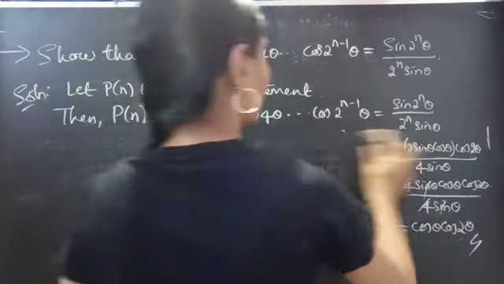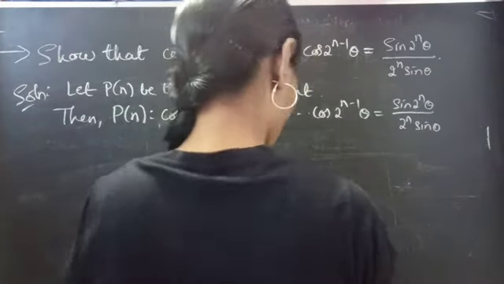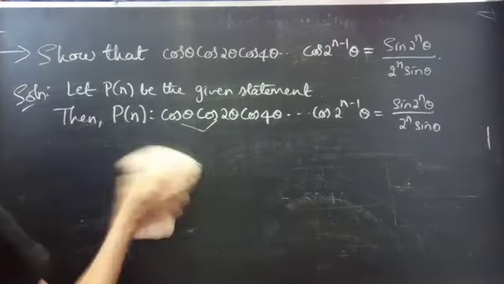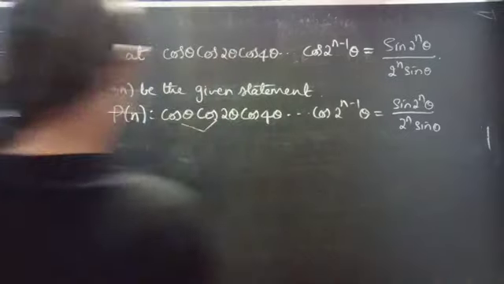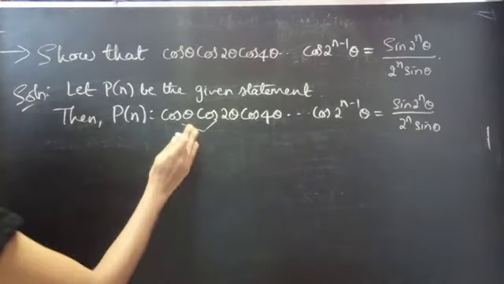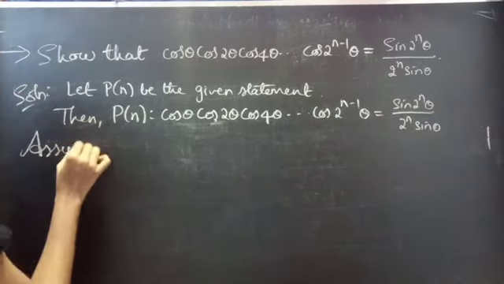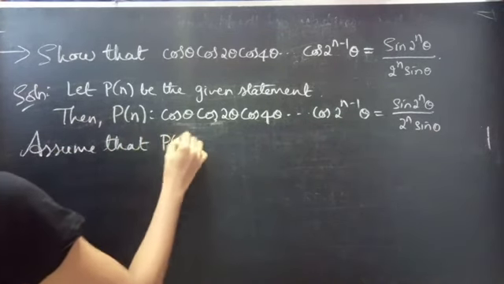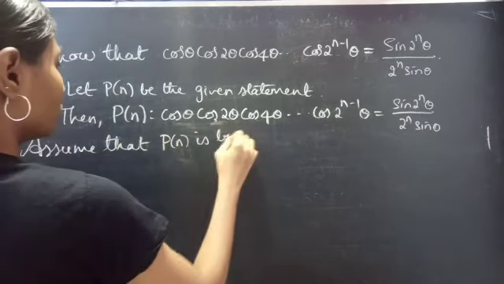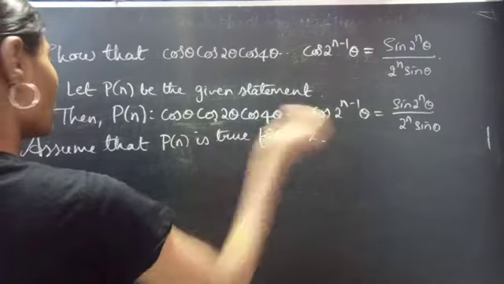Likewise, we can check for n equals 3 if you want. Fine. Now assume that the statement is true for n equals k. Assume that P of n is true for n equals k.